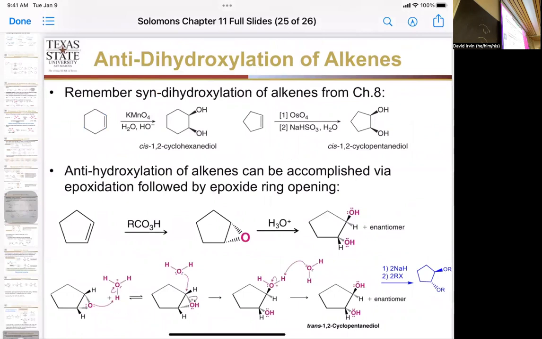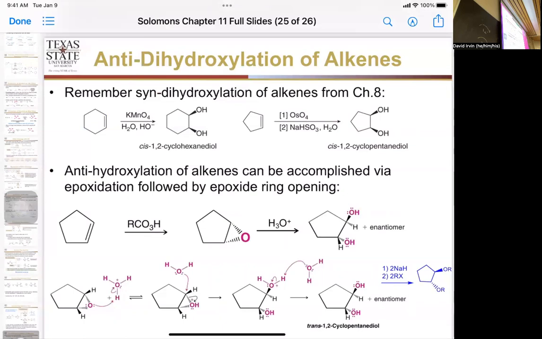It gave a syn addition, and then we reduced off the osmium and we got the syn addition. That's one way to do it. But what if you wanted the trans alcohol? That's where the epoxide comes in, because the oxygen is sitting on one side and you're always going to attack from the other side from where the oxygen is. So you're always going to get the trans diol.